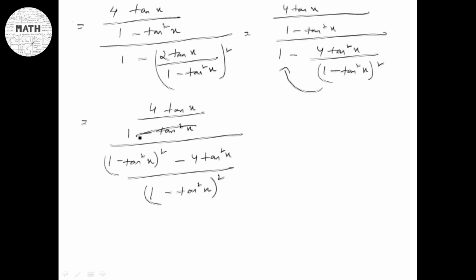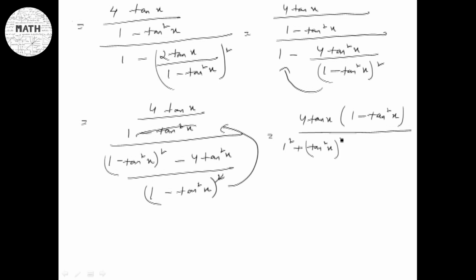So I can cancel this one with the square, so this will come up, which will be 4 tan x, and then I got a 1 − tan²x. I hope you're clear till there. Now I'm going to expand this one. So (a − b) the whole thing squared will be a² plus b² minus 2ab.